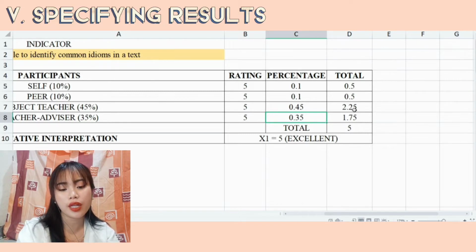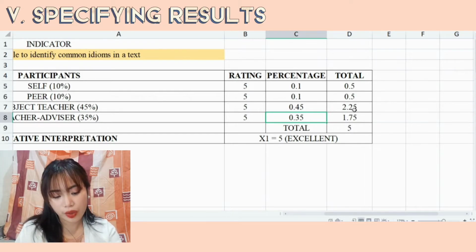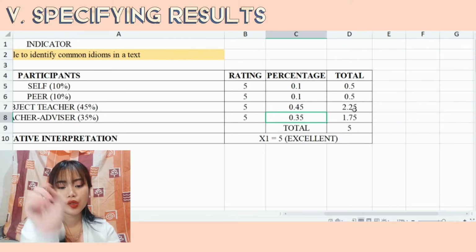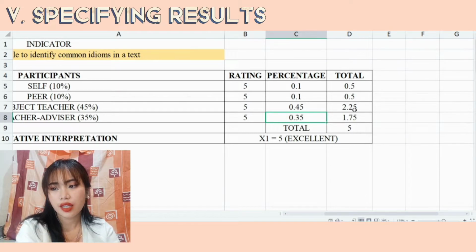Of course, it's 0.1. Next, for subject teacher, the decimal equivalent of 45% is 0.45. Next, what is the decimal equivalent of 35%? It has the decimal equivalent of 0.35.